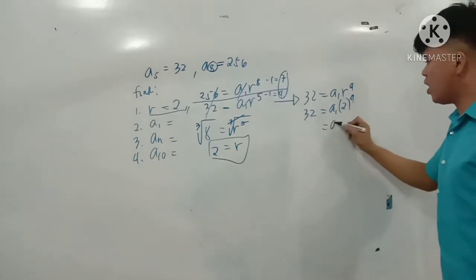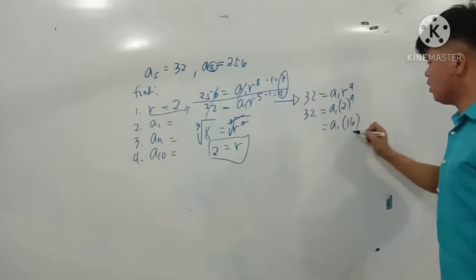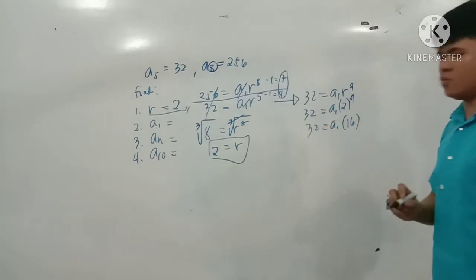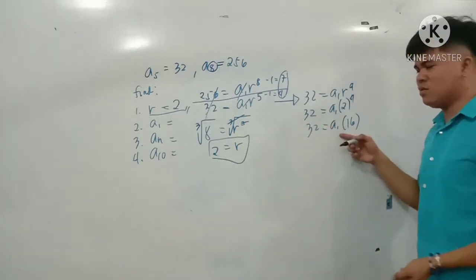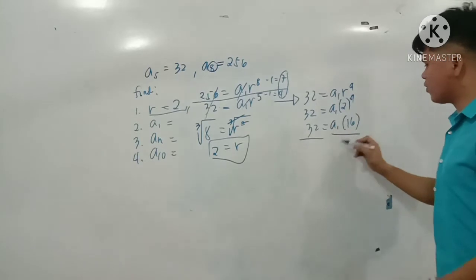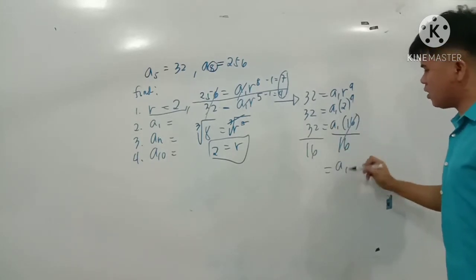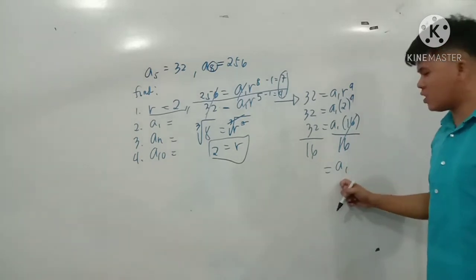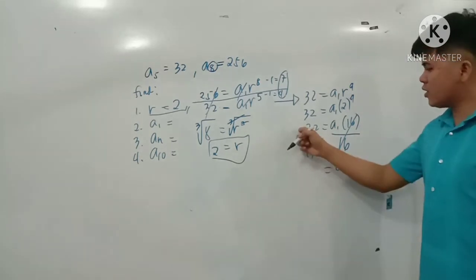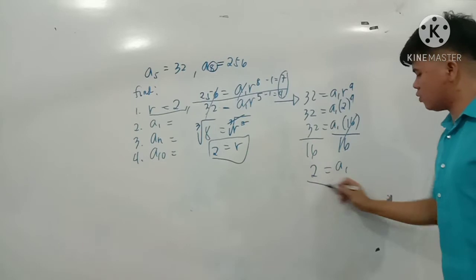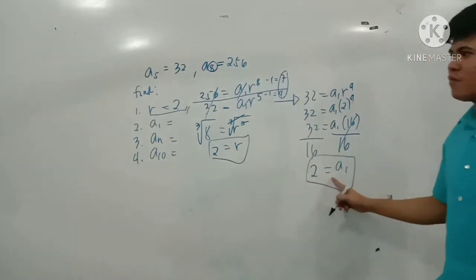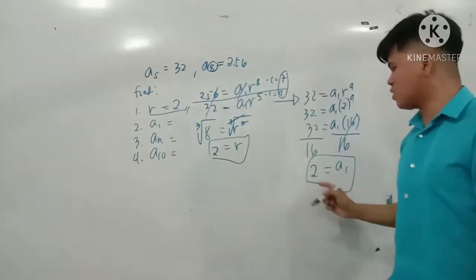So a sub 1 times 16 equals 32. We divide all the terms by 16 and cancel this, so the remaining on the right side is simply a sub 1, the first term. Then 32 divided by 16 gives us 2. Therefore, the first term of this given sequence is 2.